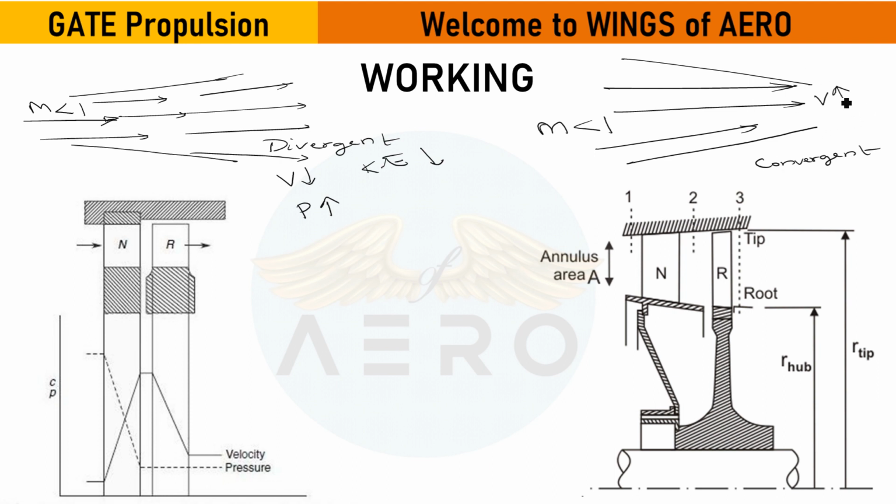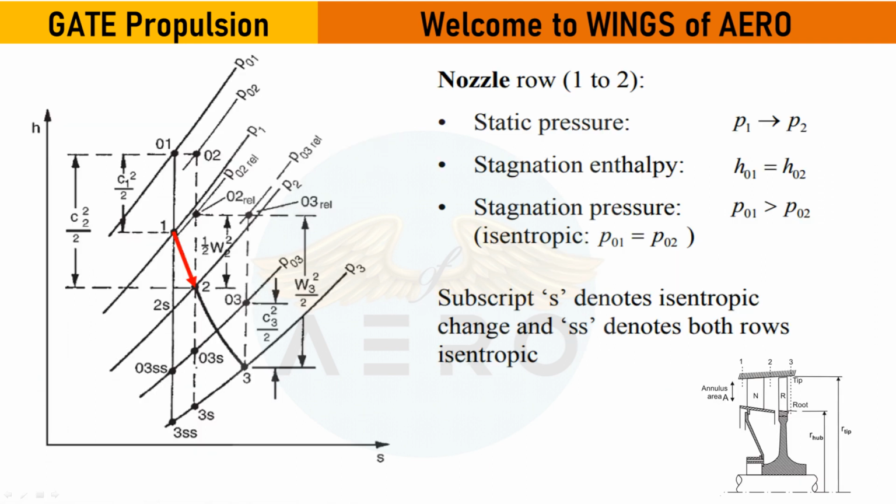That means it will increase the kinetic energy and there will be a drop of pressure, right? So this is how the phenomena works with respect to the blade shape and cross section, the pressure drop is generated. Now let's see mathematically how this pressure is generated, right?